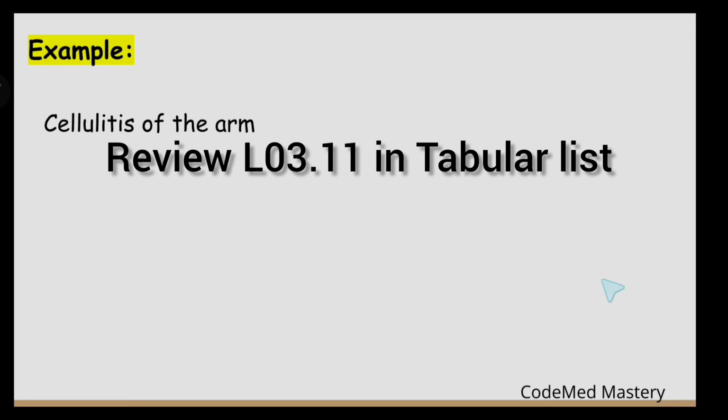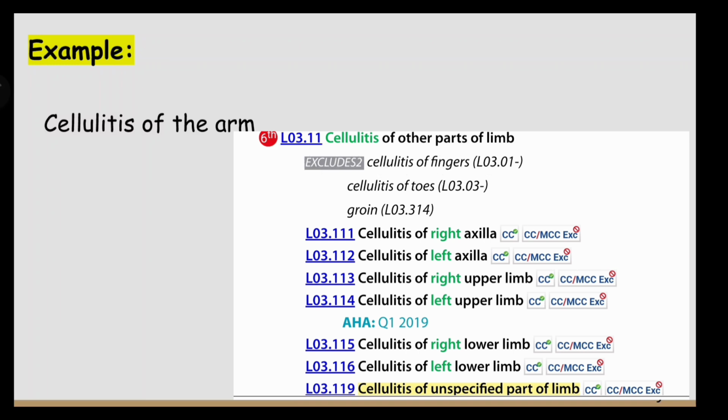So we have to review this code in the tabular list. Even if they have not mentioned a dash in front of the code, we have to always review it in the tabular list. So let us review L03.11. L03.11 is for cellulitis of other parts of the limb. So a 6th character is required. In the example, the diagnosis does not specify if the cellulitis is in the left or right arm.